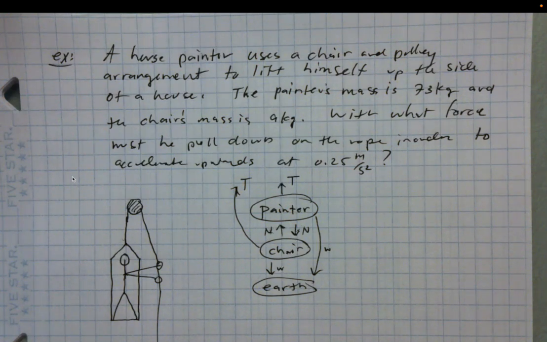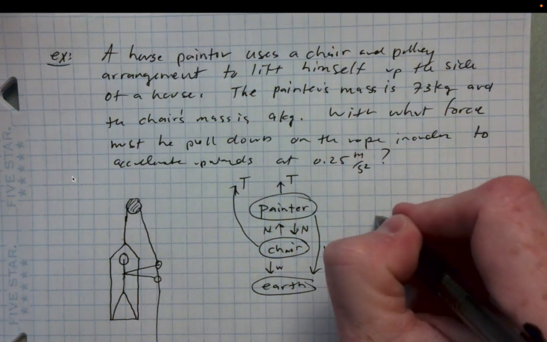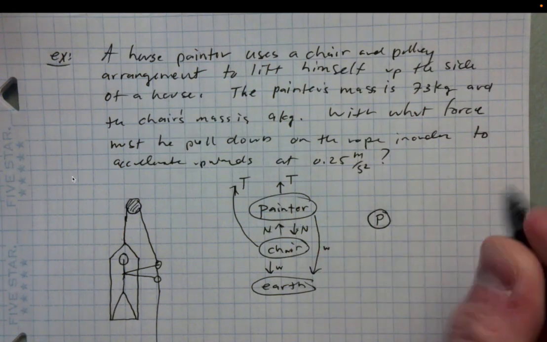First of all, this is the setup. Let's separately write out free body diagrams for the painter and the chair, because the way we're going to solve this is we're going to develop second law equations for both of them separately and use them together. So for the painter, what's going on here? Here's the painter.